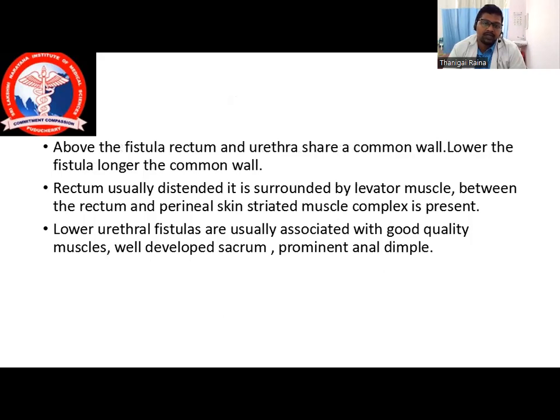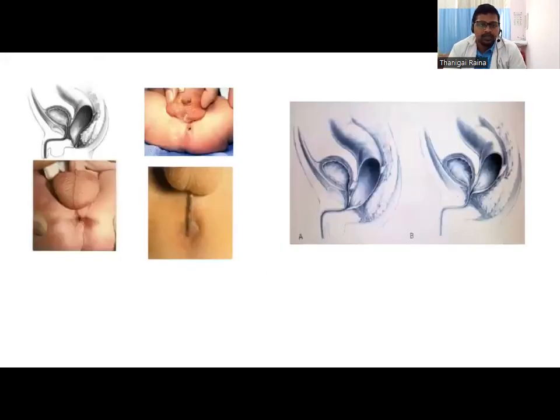The rectum is usually distended and surrounded by levator muscles. Between the rectum and the perineal skin, a striated muscle complex is present. Lower rectourethral fistulas are usually associated with good quality of the muscles, because the sacrum is well developed and there will be a prominent anal dimple. So these are the types of rectourethral fistula.